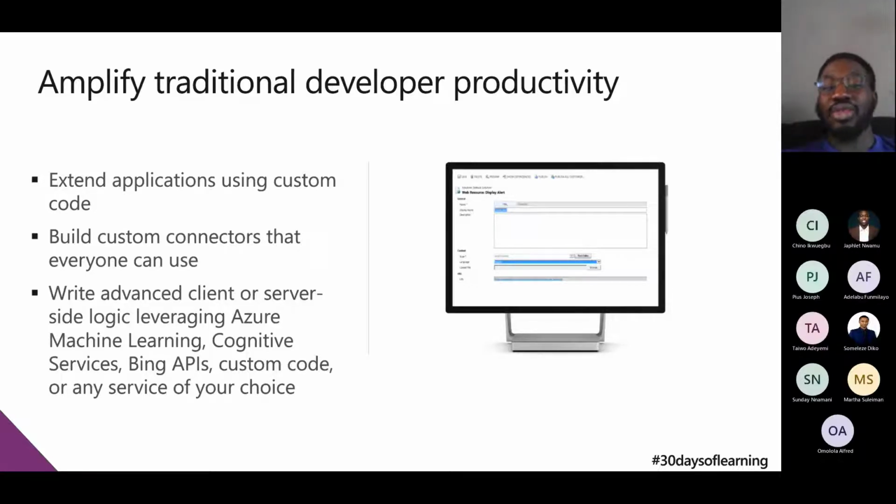Can build custom connector that everyone can use. I made mention of that. Write advanced client and server-side logic, leveraging Azure machine learning cognitive service. Now, I'm sure as part of the track of this learning is Azure machine learning. All these handshake with each other, right? So one good thing about Power Platform and Microsoft 365 solution in general is the seamless integration, right?